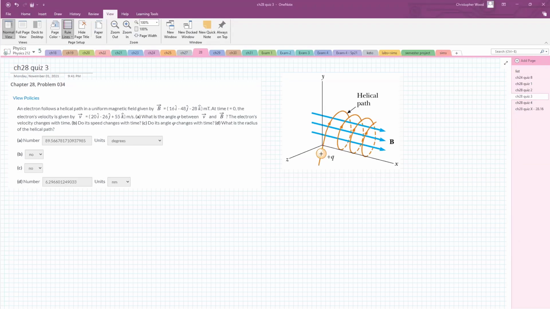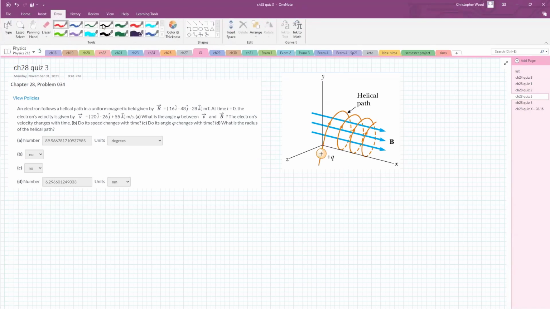Every picture I have is showing a proton. Well, I guess I'll just stick with it. Okay. All right. An electron follows a helical path, and you're not seeing an electron following a helical path here. You're seeing a proton.